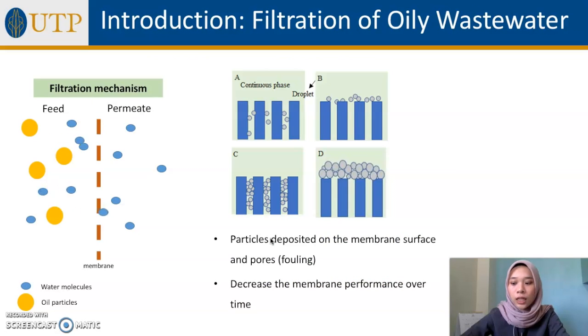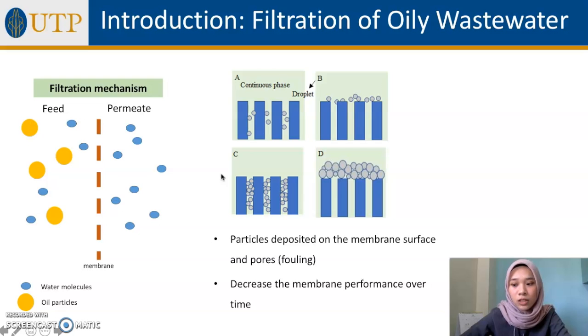So moving on, as you can see, here is a simple illustration of how a membrane works in separation of oil water. The principle is quite simple. The membrane acts as a specific filter, which only allows water to flow through it, and then the suspended oil particles will be caught.